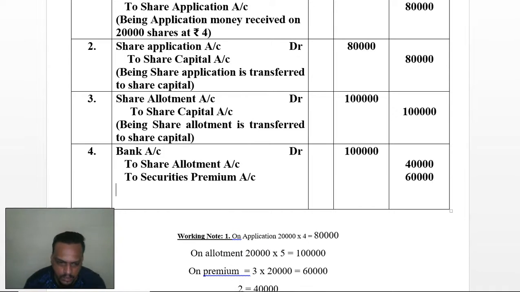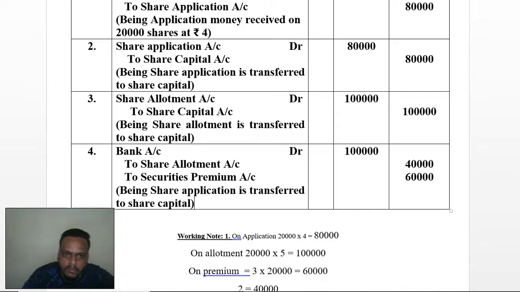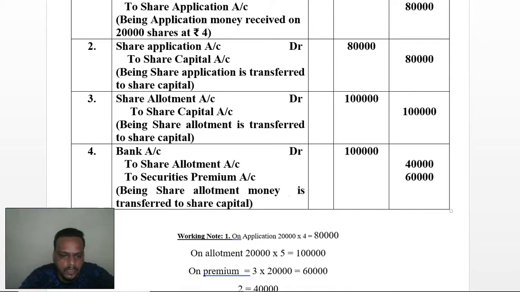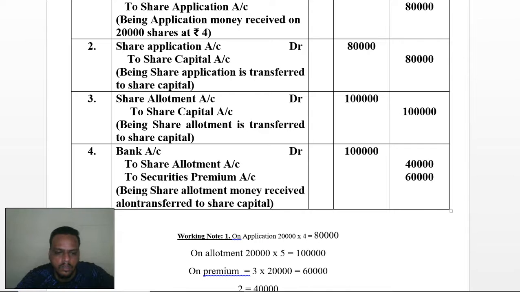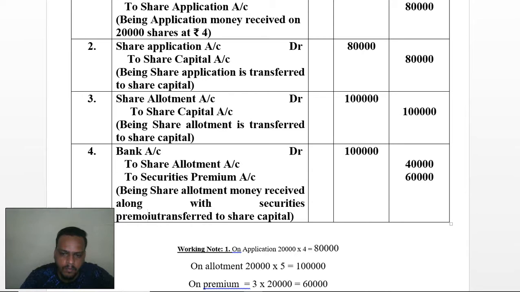Now for the being, what has to be written? You can write: being share allotment money received along with securities premium, bracket close.